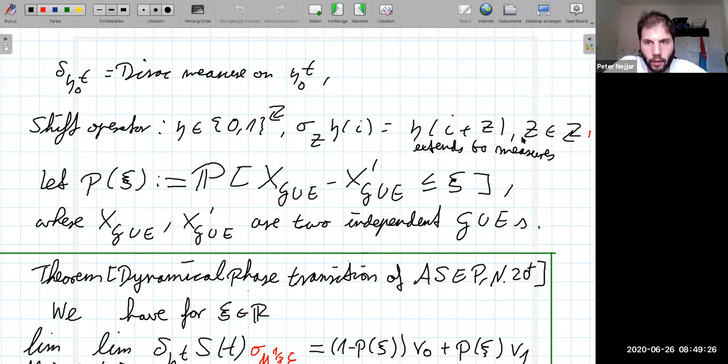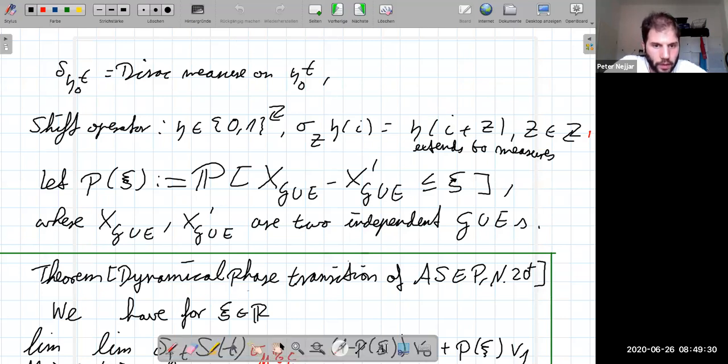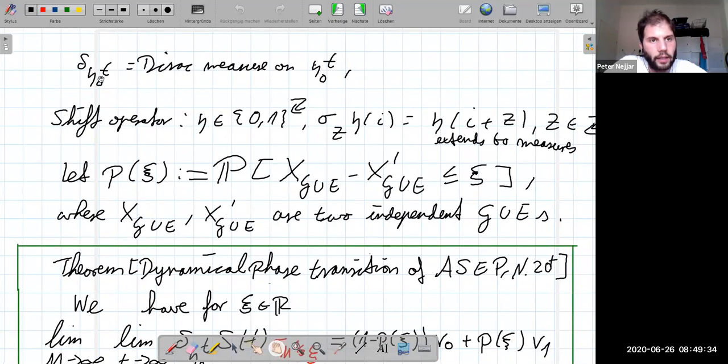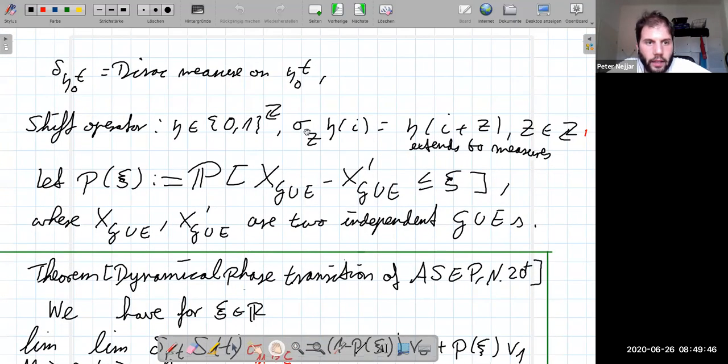Okay, so now we'll state the results. So here I call delta eta 0 t the Dirac measure on our sequence of initial data eta 0 t, the initial data that I had just defined. And then I need to define the shift operator.